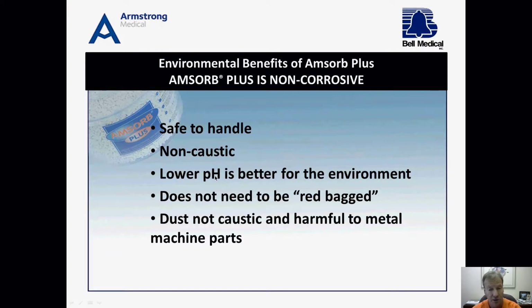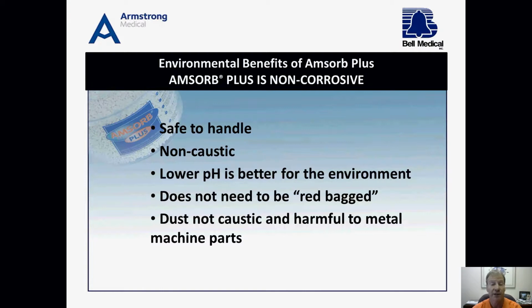We are non-caustic. We have a lower pH. Our pH is 12 and below, and anything above 12 is believed to have to be red bagged. And all of the other absorbents, Dragersorb, all of them that have sodium hydroxide end up with a pH that's higher than 12, and thus they should be red bagged. When you red bag something, it means you're not disposing of it in regular trash.